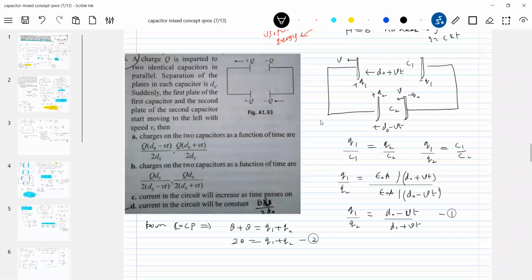So Q1 should be equal to Q into D plus Vt by 2 D naught, and Q2 equal to D minus Vt. The 2 will not come in the denominator, I'll take it out. 2Q charges, you know.